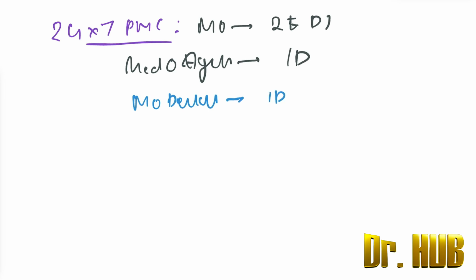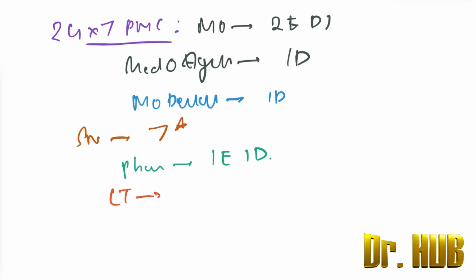And looking at the staff nurse, it should be 7. And the pharmacist is 1E, 1D. Then there comes the lab technician. Lab technician is going to be 2E, 1D.